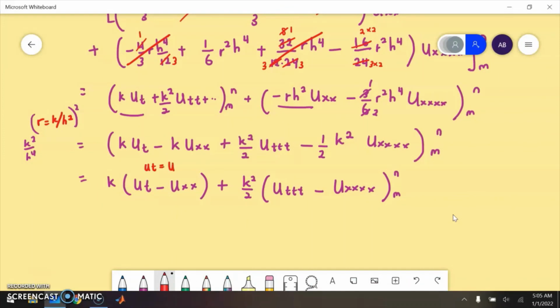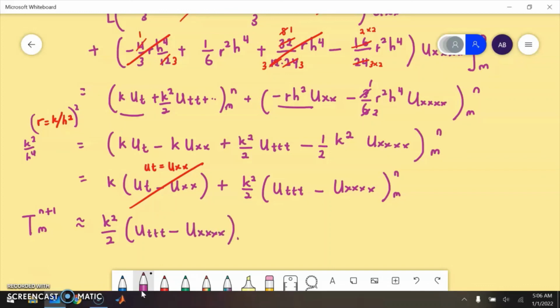ut equals uxx, right? So this term cancels out. Therefore, that will leave me with the principal part of the LTE, which is this. Okay, so this is how you find the local truncation error.